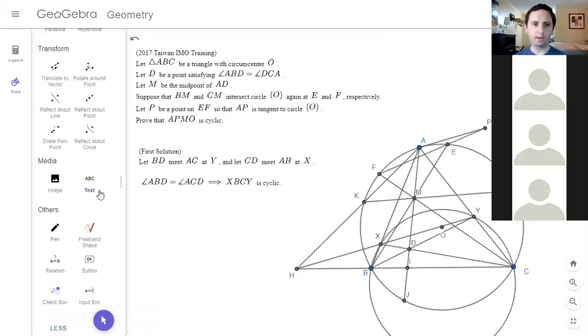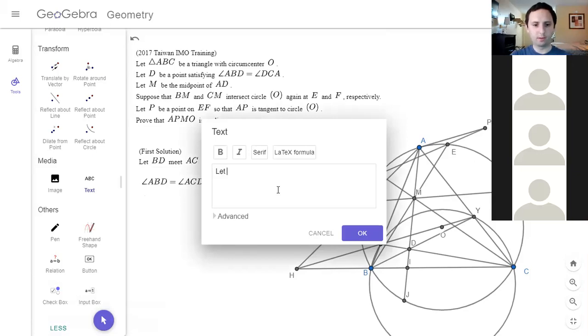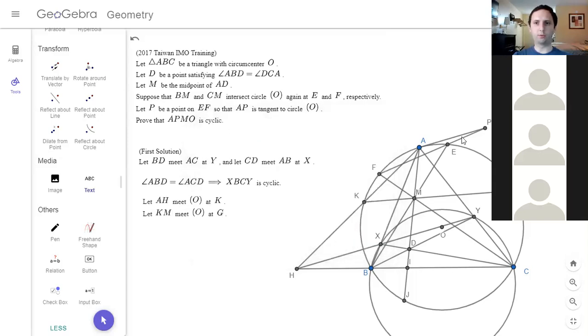Let AH meet the circle at K, and let KM meet the circle at G. Then you want to show that AMOG is cyclic. I'll also say let AD meet BC and O at I and J.